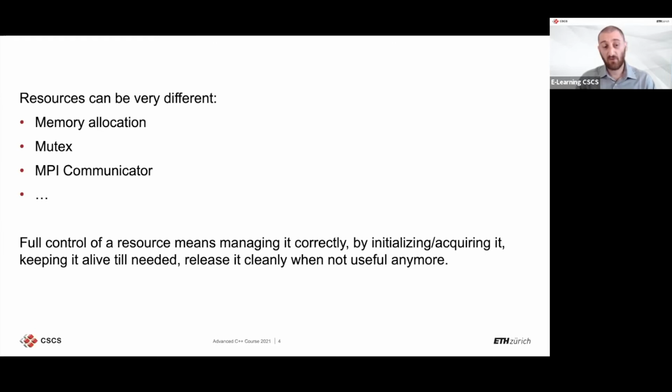And it could also be an MPI communicator. So if you ever have to deal with MPI, you know that a communicator may require some initialization and releasing procedures. So having full control of them means managing them correctly.